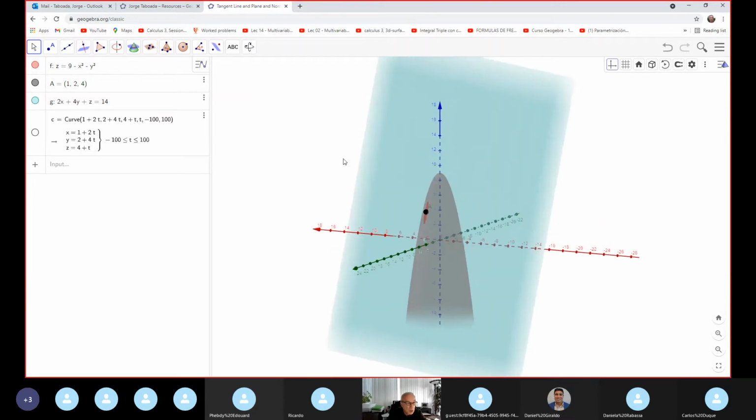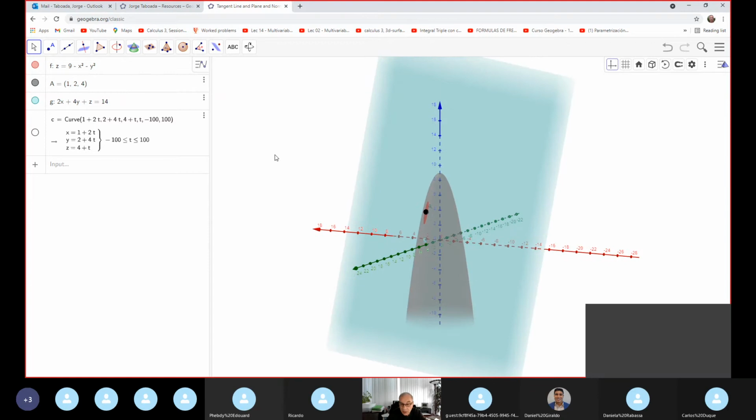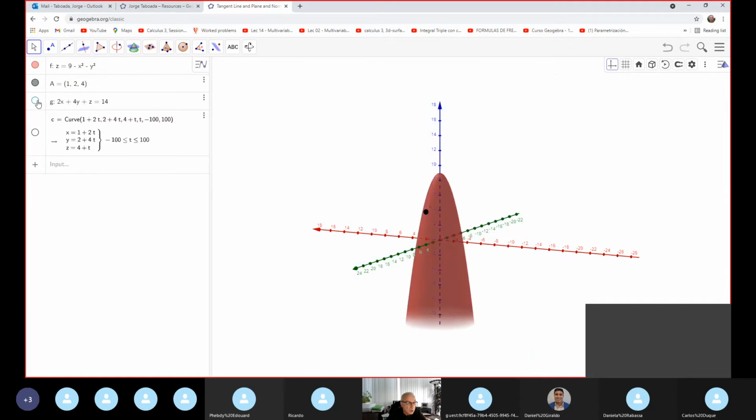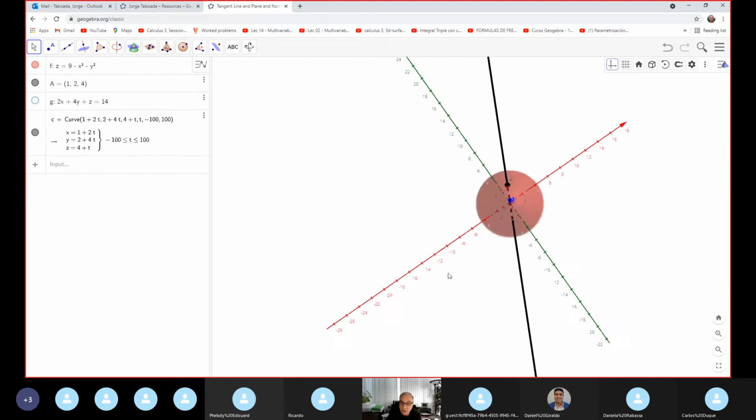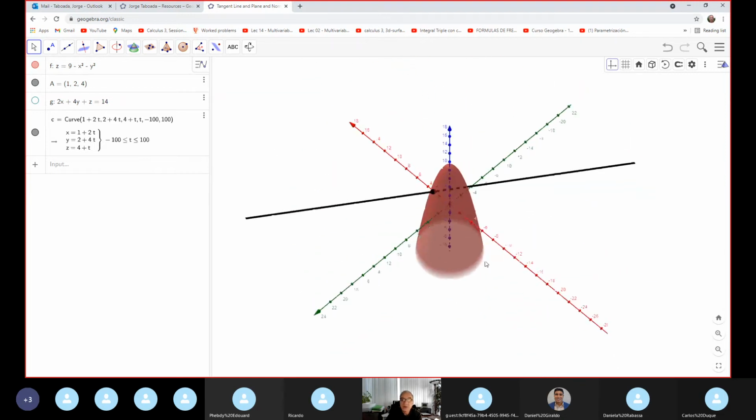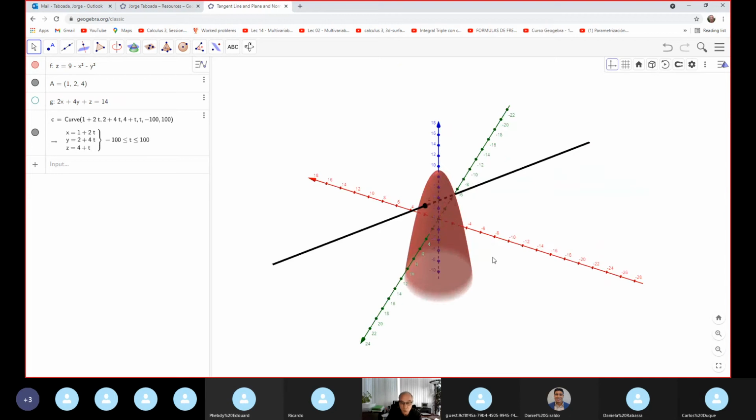And finally, the normal line. Whoa, look at that. It's a normal line of our surface. Okay, I like that. I have another example, a little bit more complicated.